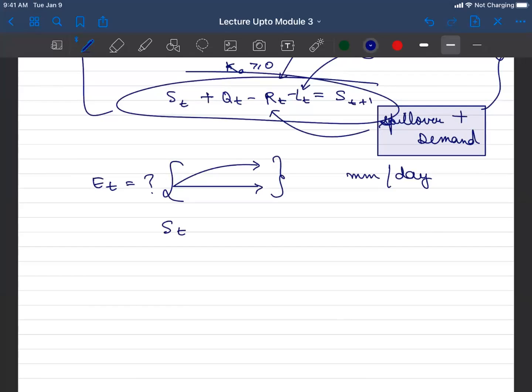What would be the easier things for you to measure? So this is per day. All your flow calculations are in meter cube, million meter cube, or mega meter cube, whatever you are calling it. So you're going to bridge this gap of the units. Let's apply some thought there.